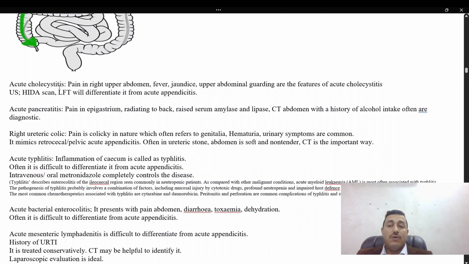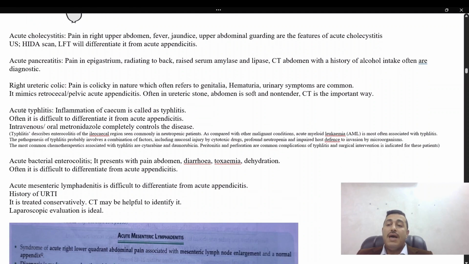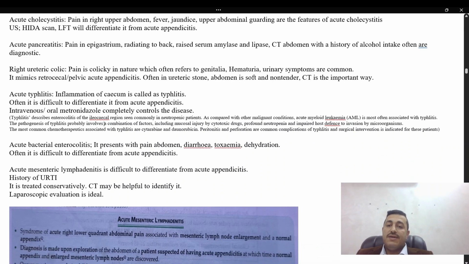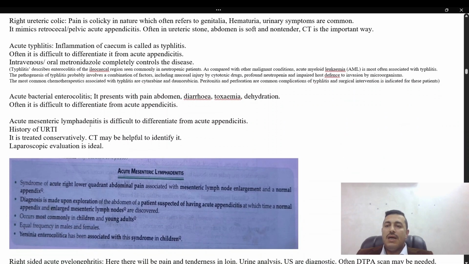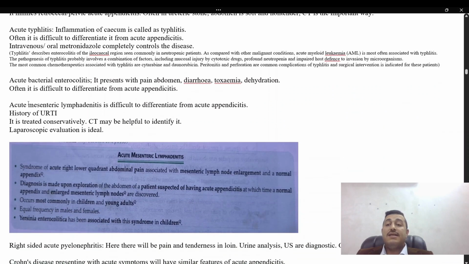Other differentials are acute cholecystitis, acute pancreatitis, right ureteric colic, and acute typhlitis, and we said typhlitis is a term for inflammation of the cecum. Also bacterial enterocolitis, and acute mesenteric lymphadenitis, especially in children. For example, a child with an upper respiratory tract infection who is now complaining of abdominal pain.